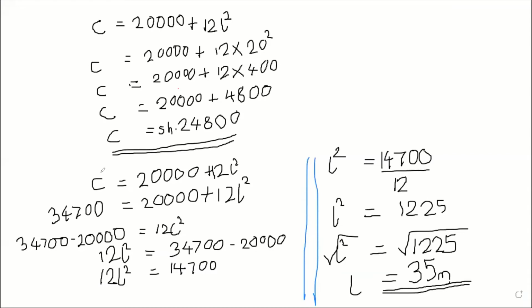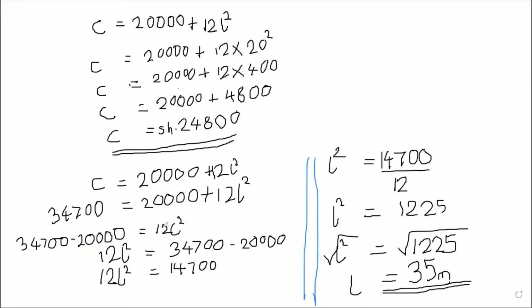They said calculate the length of a roll which costs 34,700. So we first get our equation and we substitute. Since they have given us the cost, we say 34,700, which we have substituted for C, is equal to 20,000 plus 12L squared. So we collect like terms: 34,700 minus 20,000 is equal to 12L squared.